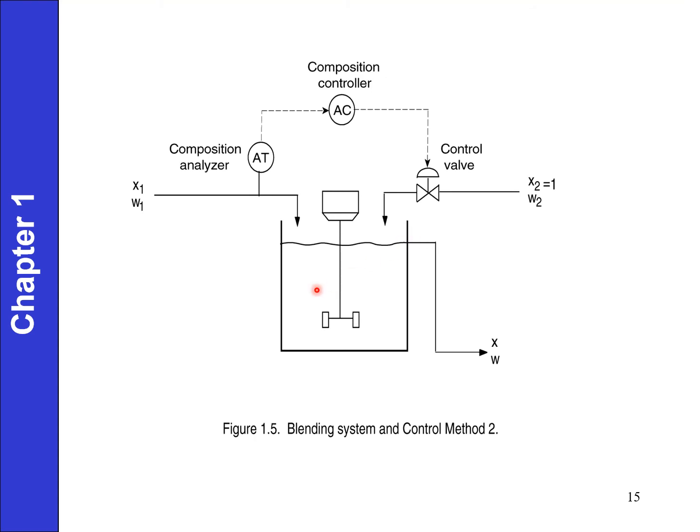So this figure is different from figure 1.4. Here we are going to choose control method 2, where we put the composition analyzer and controller at stream X1 and the control valve adjusting the input W2.